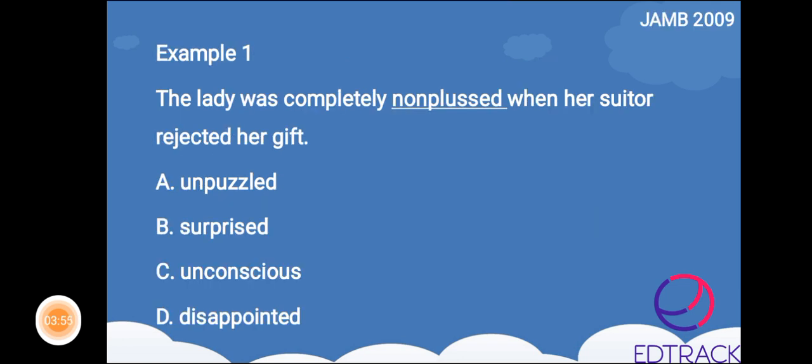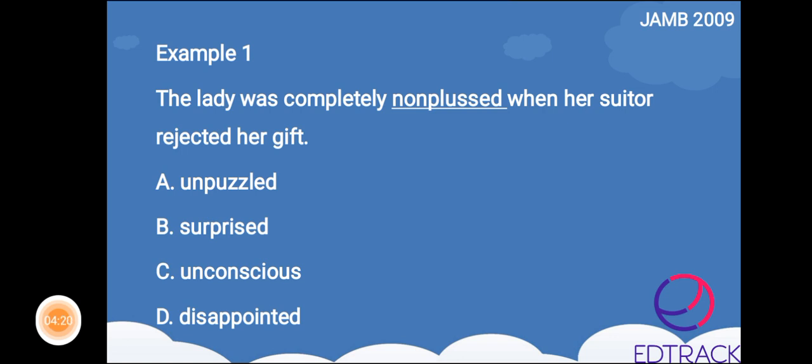The lady was completely nonplussed when her suitor rejected her gift. Now we have 4 options. Option A, unperturbed, surprised, unconscious, disappointed. The word nonplussed, what does it mean itself? It is when we know this that we would be able to know what is going to be the opposite.